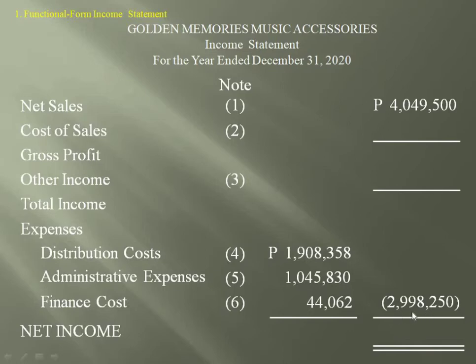Not writing the parentheses or the word less, however, is acceptable anyway. The important thing is you must know that these total expenses must be deducted from the total income.